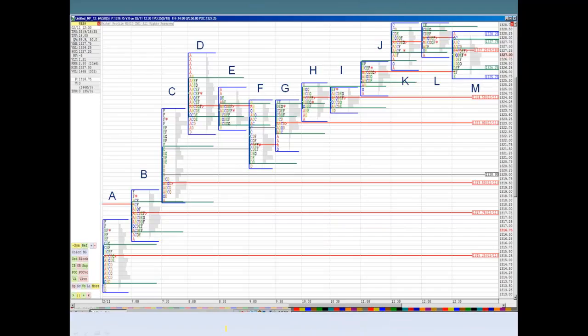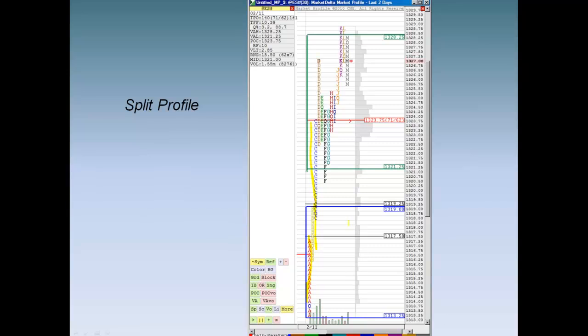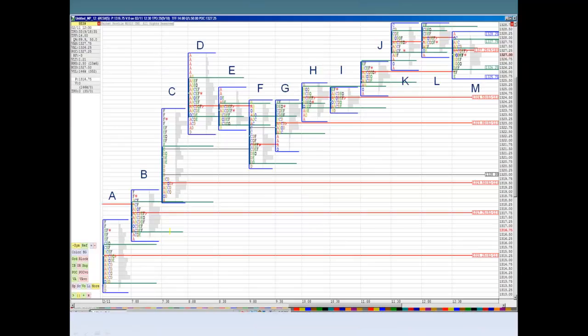So this is the same exact image that we were just looking at. So here's my split profile, but now I am going to look at it with a microscope.